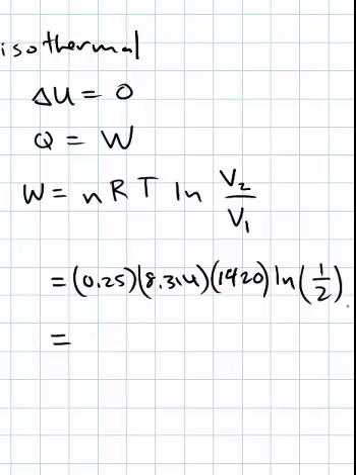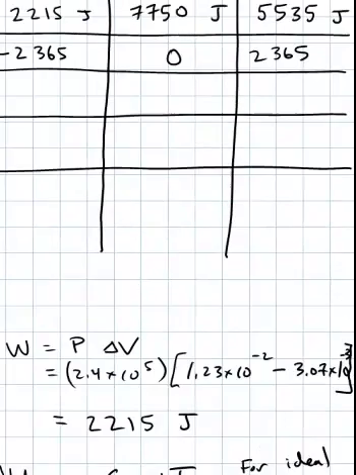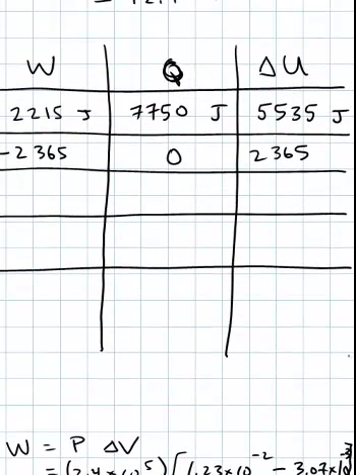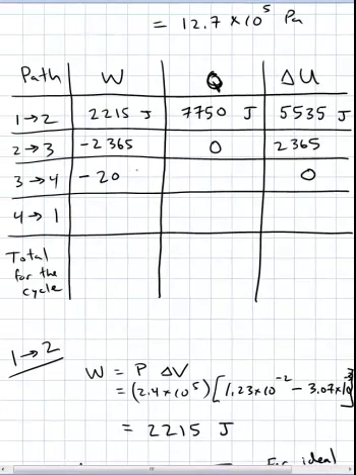One of the volumes is twice the other one. And what does that give me? Negative 2,046 joules. So we can fill in our table one more line. Going from 3 to 4, delta U was 0. Q and W are the same, negative 2,046 joules for both of those.